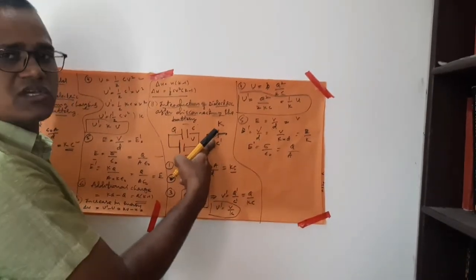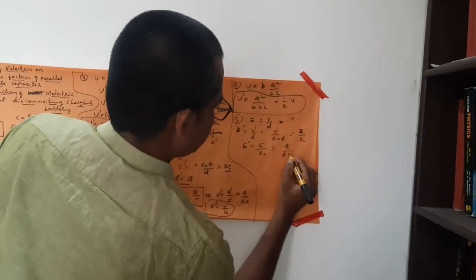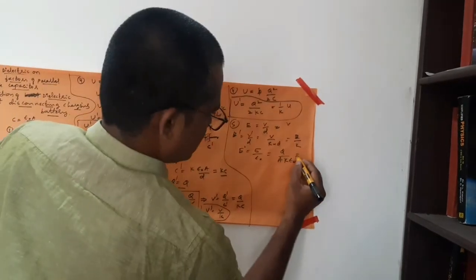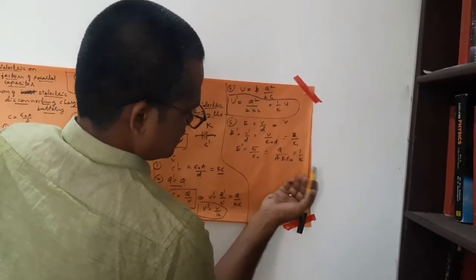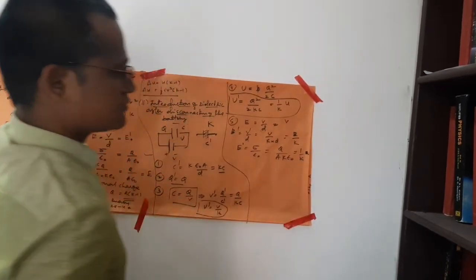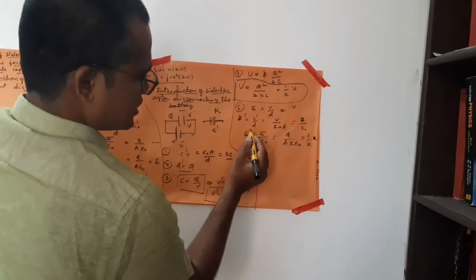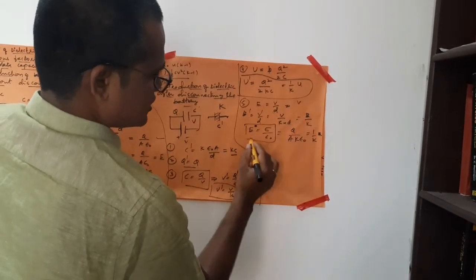If some other medium is there, then the permittivity of that medium will be K times epsilon naught. Therefore 1 by K, I will write it separately. What is Q by A epsilon naught? It's the initial electric field.